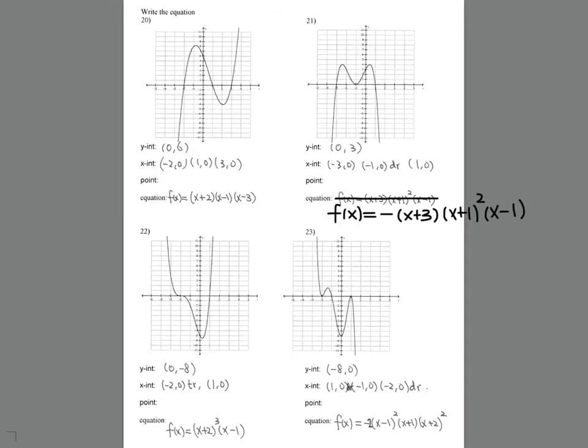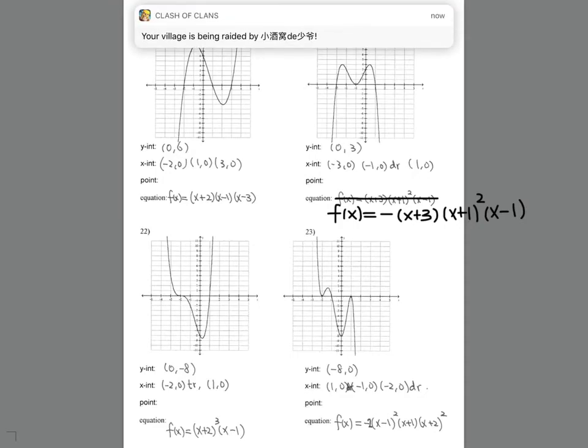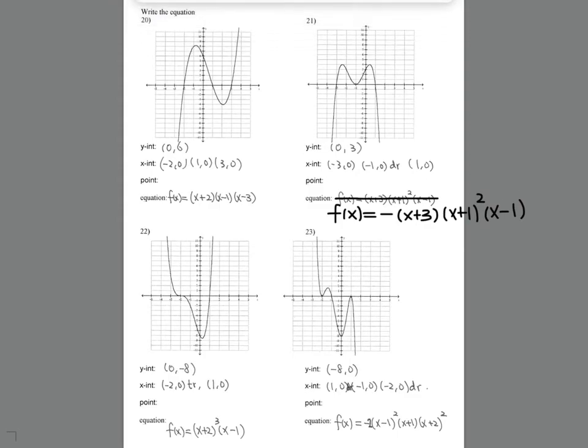And one last time, you will have to verify it using the y-intercept point, which is (0, -8). Number 23, we have -2 as a double root, -1 as a single root, and +1 as a double root, with the y-intercept point located at (-8, 0).